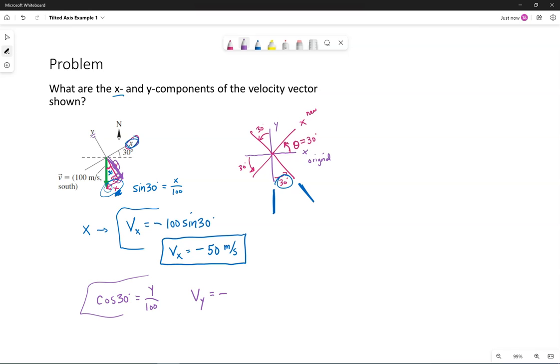And then solving this cosine, we can say it's 100 cosine of 30. So the y component of the velocity ends up being 87 meters per second.